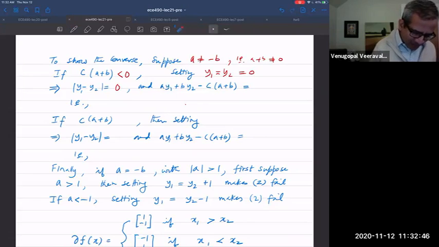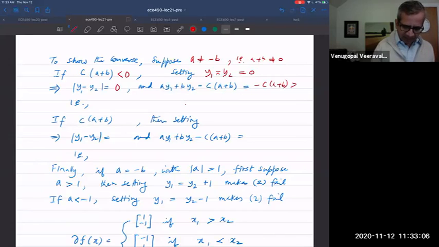I set both of these y's to 0, and this part will be 0, and I'll just get minus c times ab, which is positive. c times a plus b, positive. But that means 2 fails to hold.